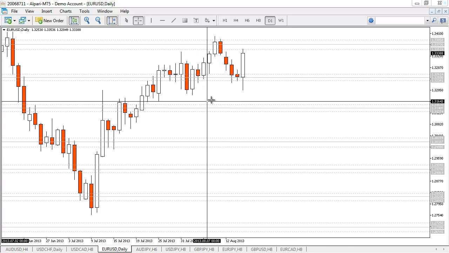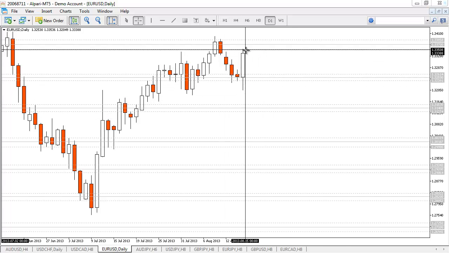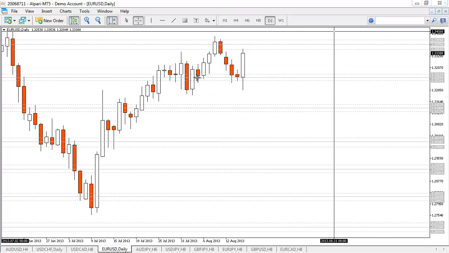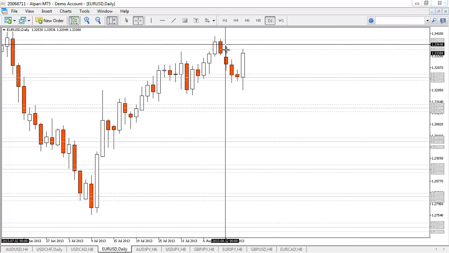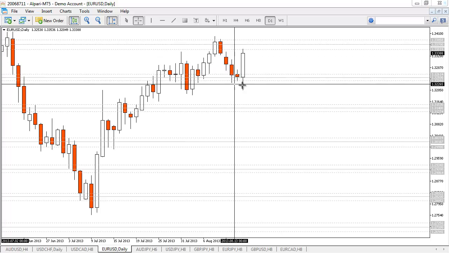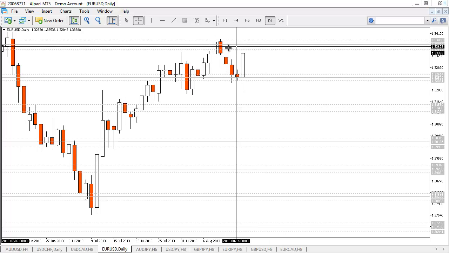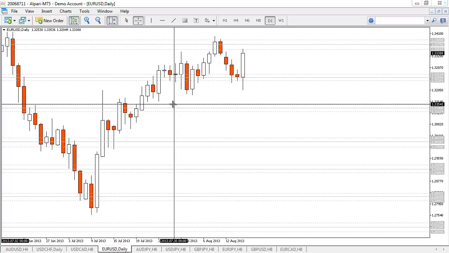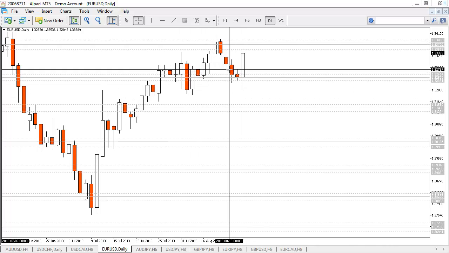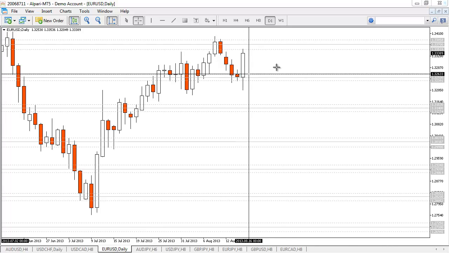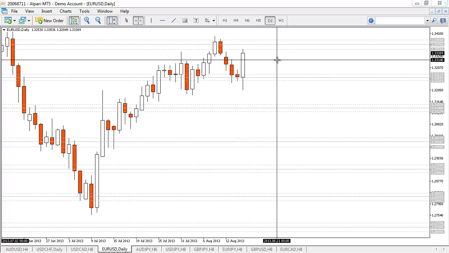So a lot of these reversals form because the news is being factored in. Price is moving down, then the news starts getting factored in, and reversals start to form. So some of the reversals that form are forming because the news is coming and the market's reacting to what that news is going to be released as.